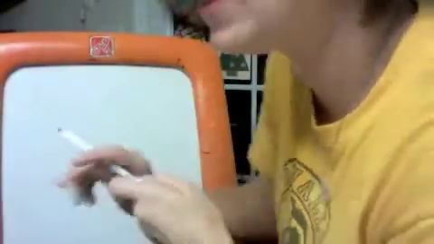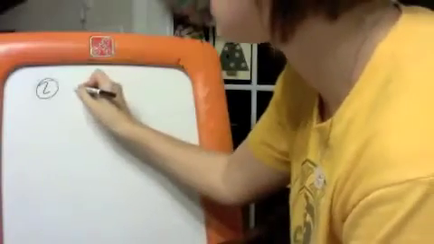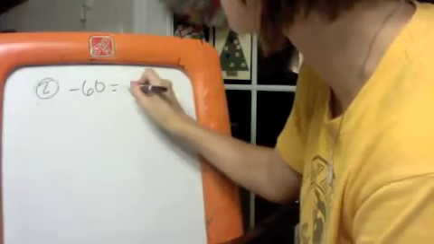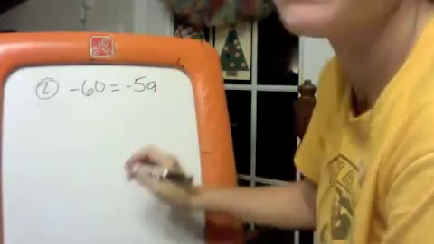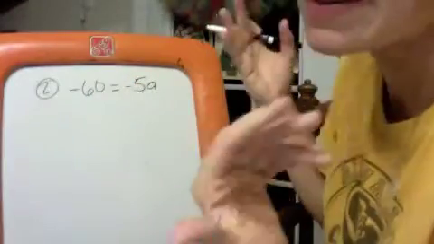Okay, my second problem is negative 60 equals negative 5a. So I have flipped my sides.